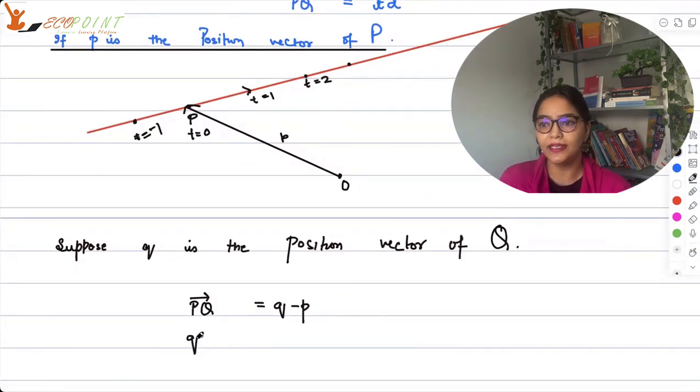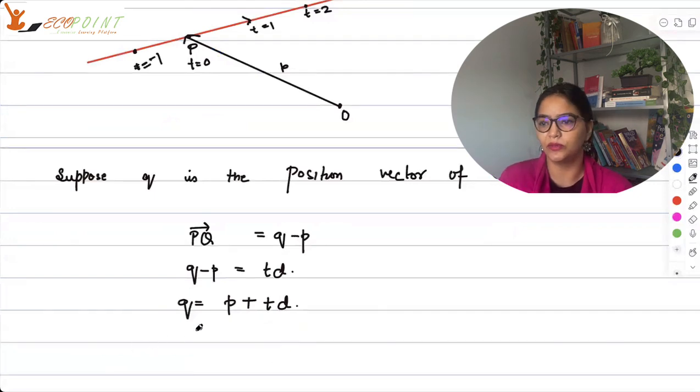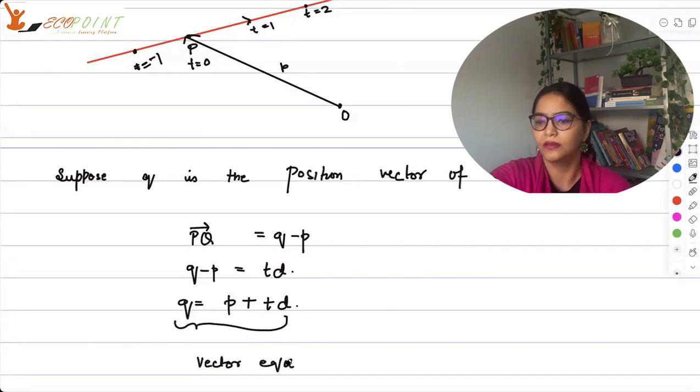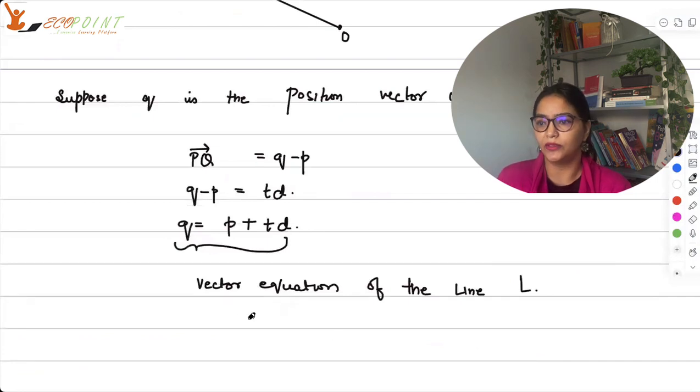I know that PQ is equal to T times D. So q minus p is equal to T times D, and that gives us q equals p plus T times D. This is the vector equation of the line L, with D being the direction vector.